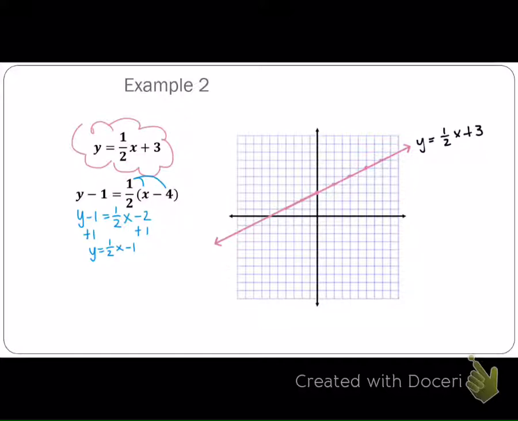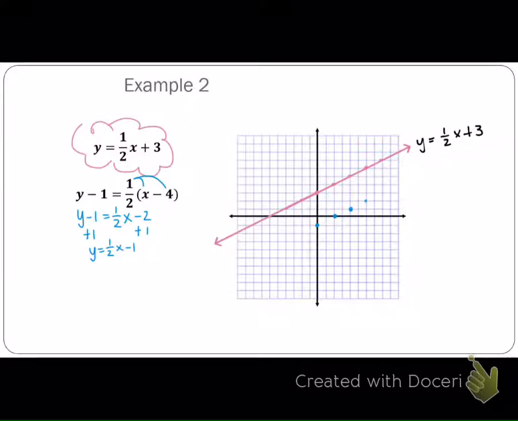Negative 1, right? And you just go the opposite way. No, you go the same way. Up 2. It's not up 2. Be careful. It's rise over run, and our slope is 1/2. So it's not up 2. Up 1. Okay. And then which direction over? Right. Yes. So it should be a positive slope, so it needs to go to the right.